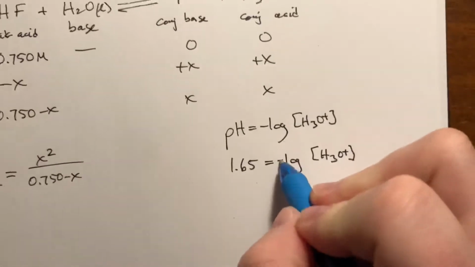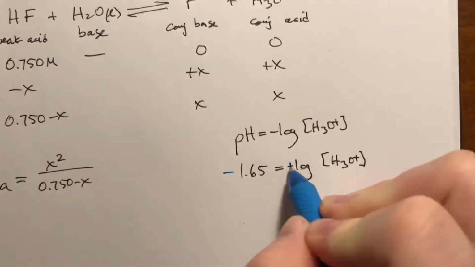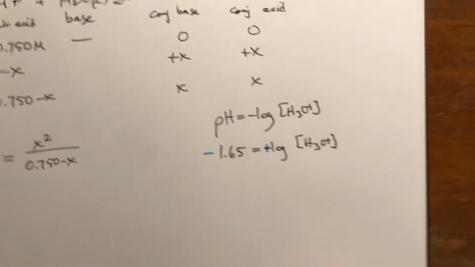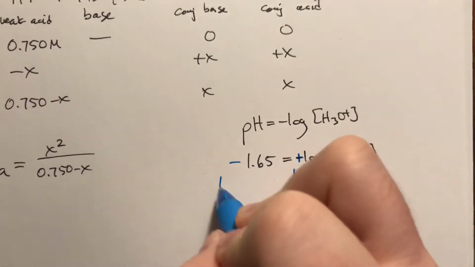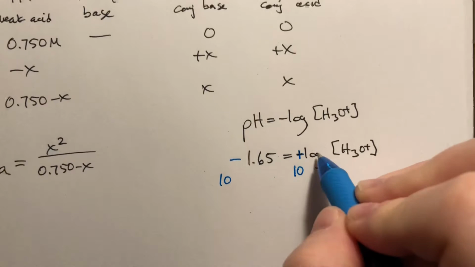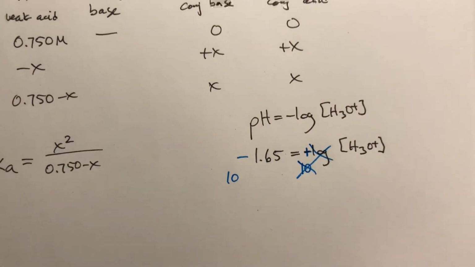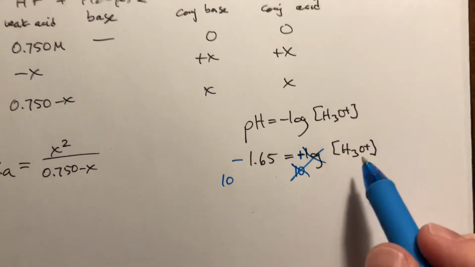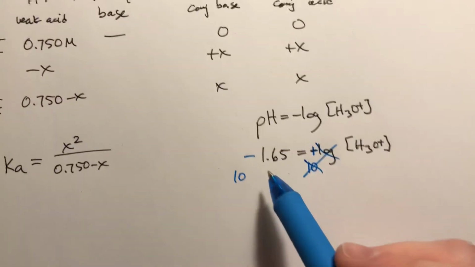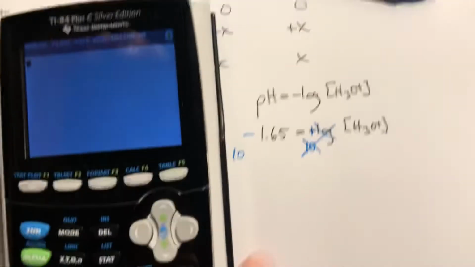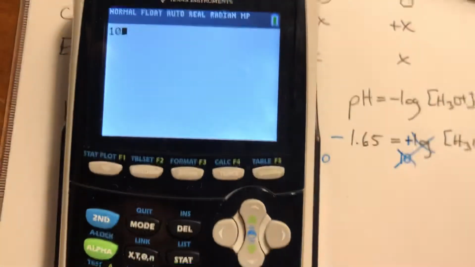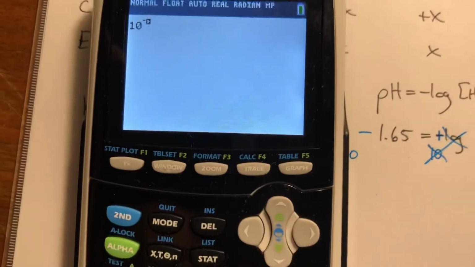First thing we're going to do is get rid of the negative sign by multiplying by -1 on both sides. Now we need to get rid of this logarithm by raising both sides to the 10. This will cancel out, and the concentration of H3O plus, which is x, will be equal to 10 raised to the negative 1.65.